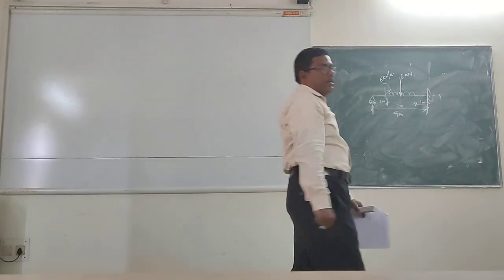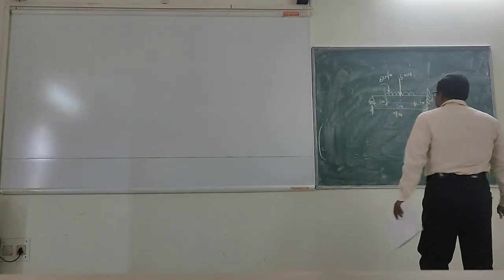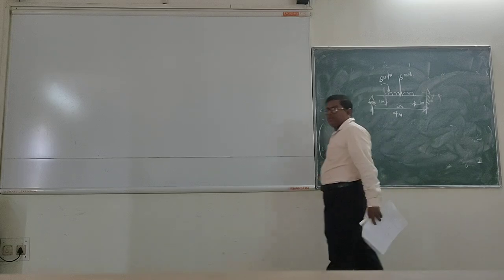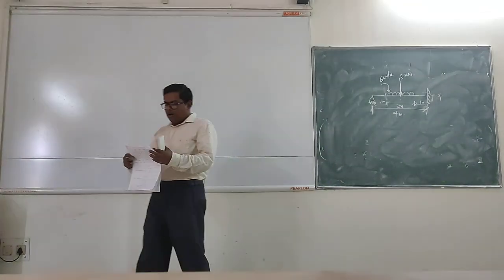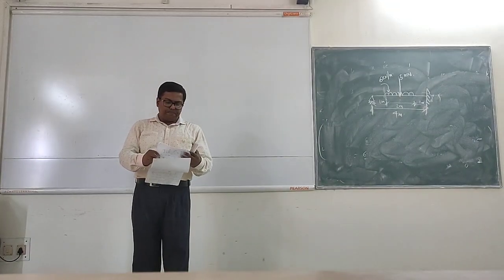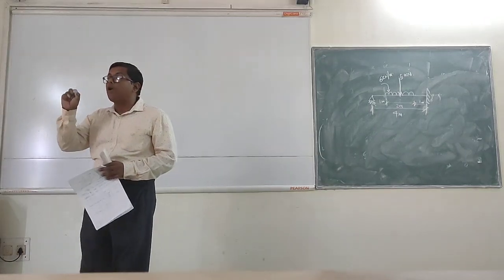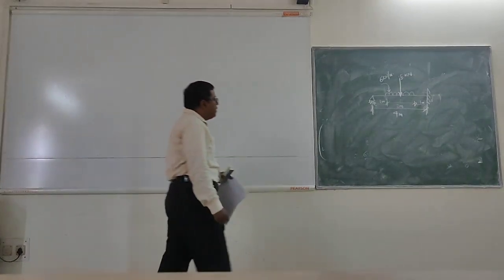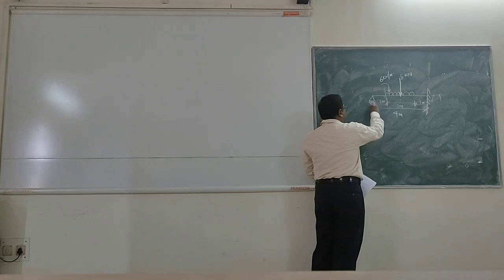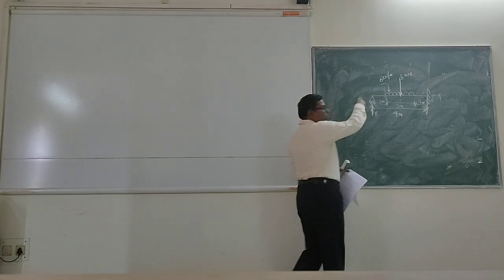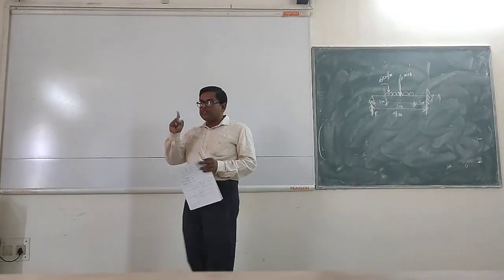Now the question here is, find out the reaction at the drop end. So you have to find out what is the reaction R actually coming at this drop end, right? This is the first question.